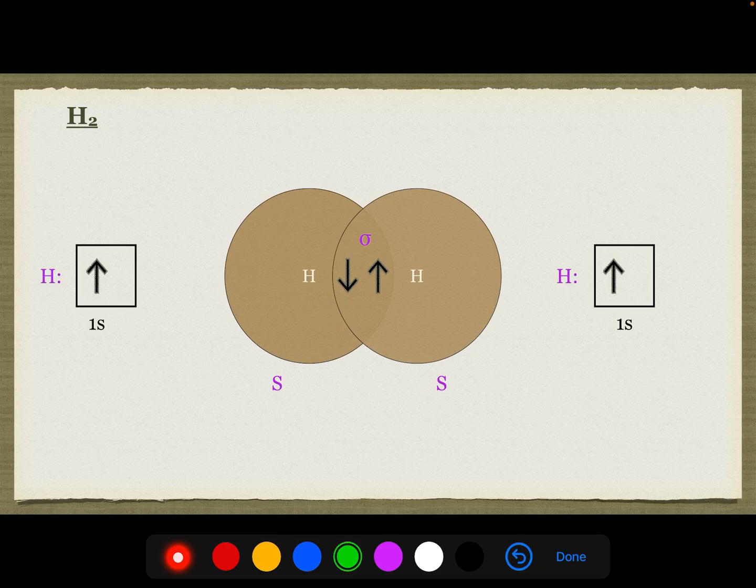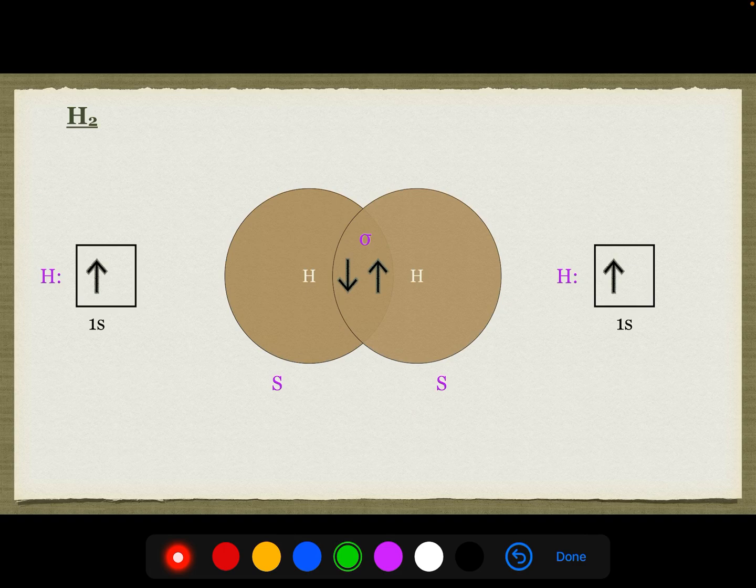Okay, yang ini kita gambarkan dengan molekul yang sebenar. Okay, macam mana S and S orbital tu boleh bertindih? Okay, S and S ni boleh bertindih bila kita ada hydrogen atom overlap with another hydrogen atom. Okay, macam mana dia berlaku?